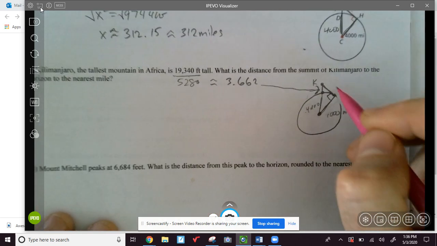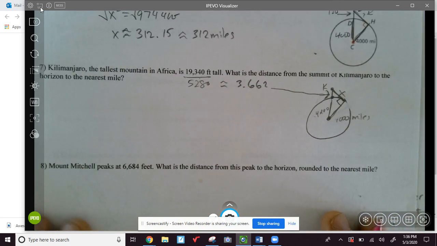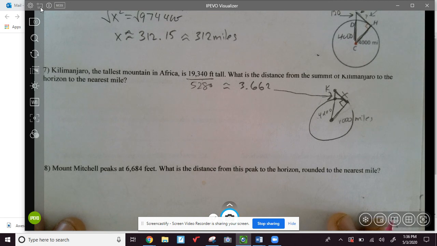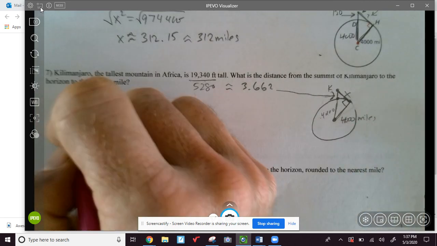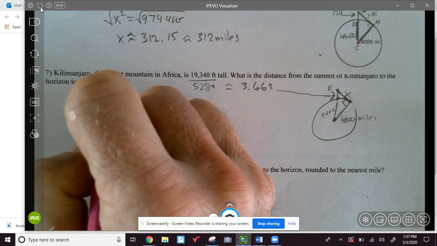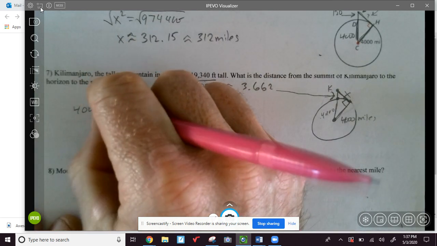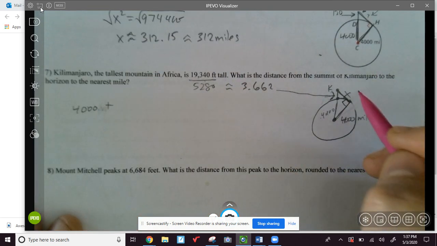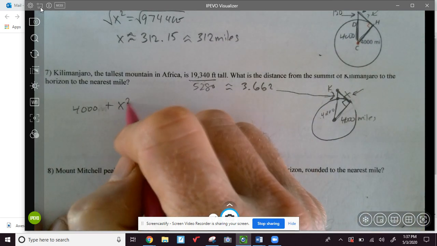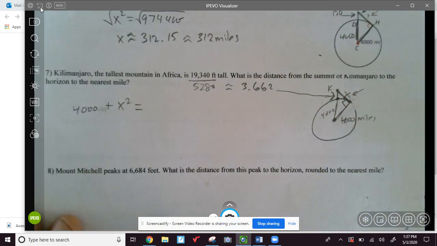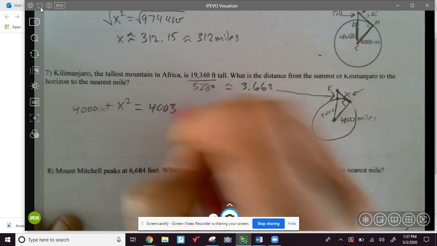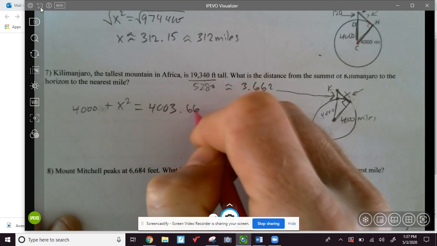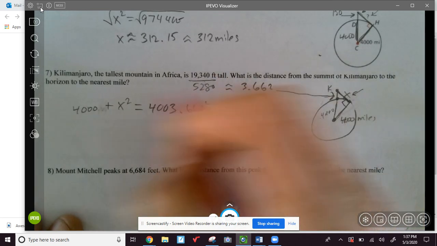Now I'm ready to find the distance from the top of Kilimanjaro to the horizon. We're going to do the same thing, the Pythagorean theorem. This leg is 4,000 miles. We don't need to put units. x squared is the other leg, and the hypotenuse is 4,000 plus 3.662 squared.